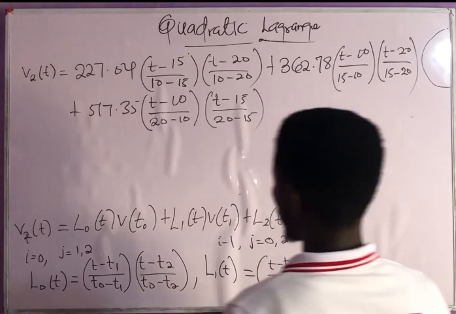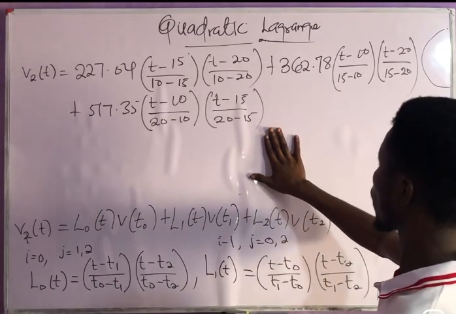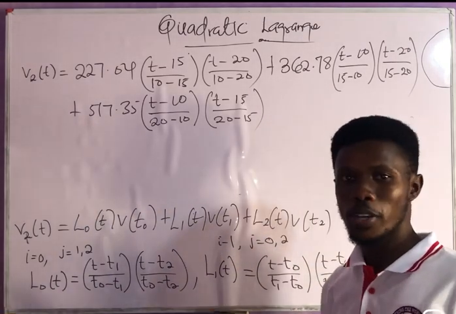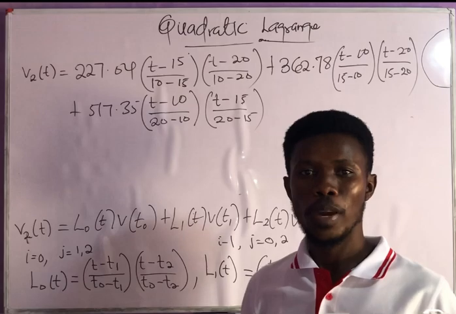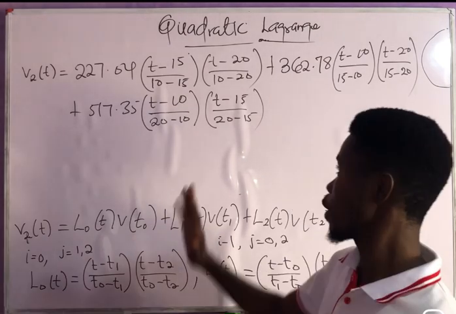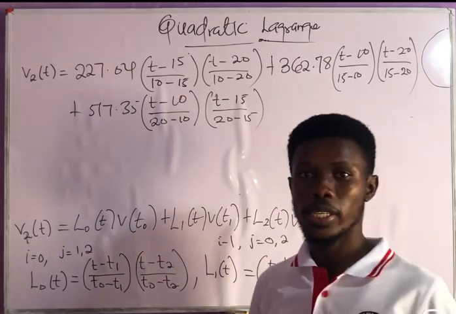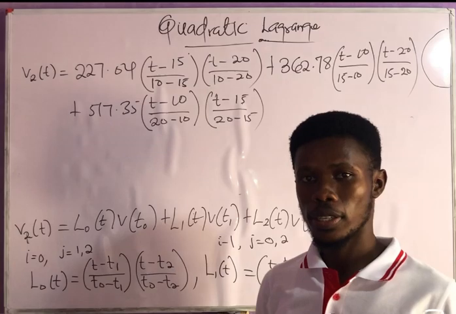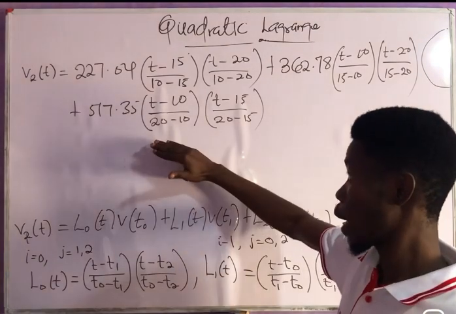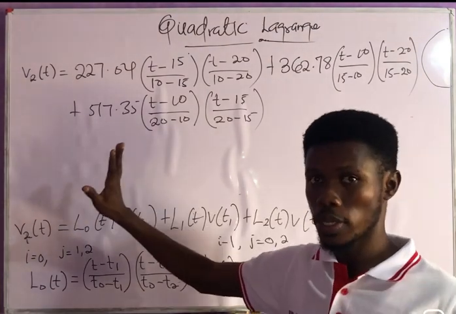Okay, so this is what we have. When you get to this point, if you want to expand it, you can. If you expand it, because it is quadratic, you get a square, definitely. But I'm leaving it at this particular point as my equation.